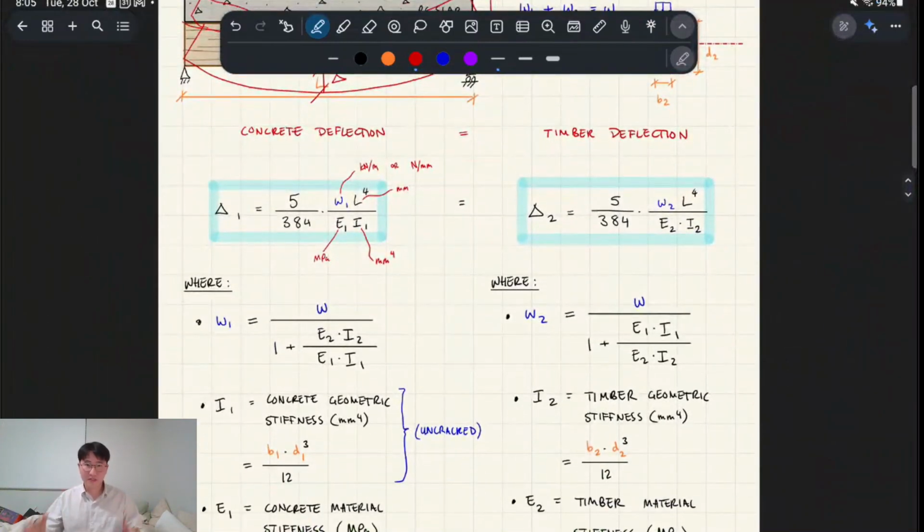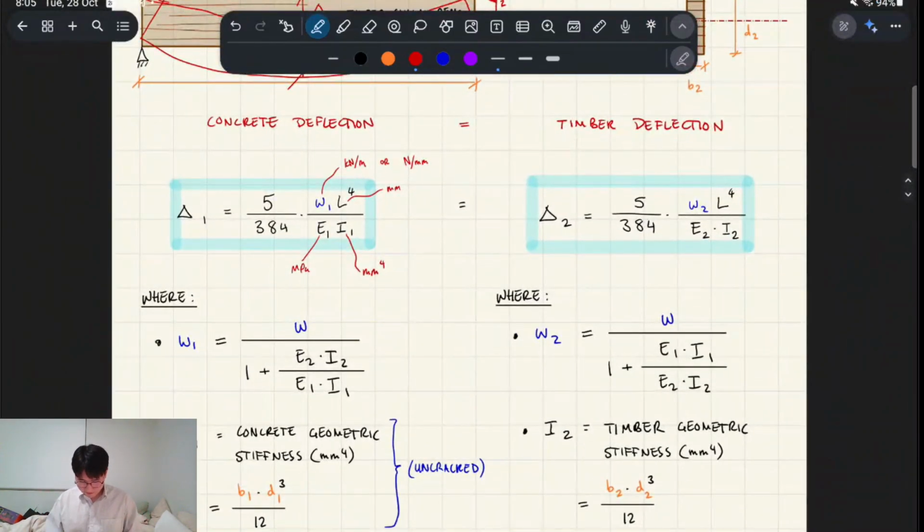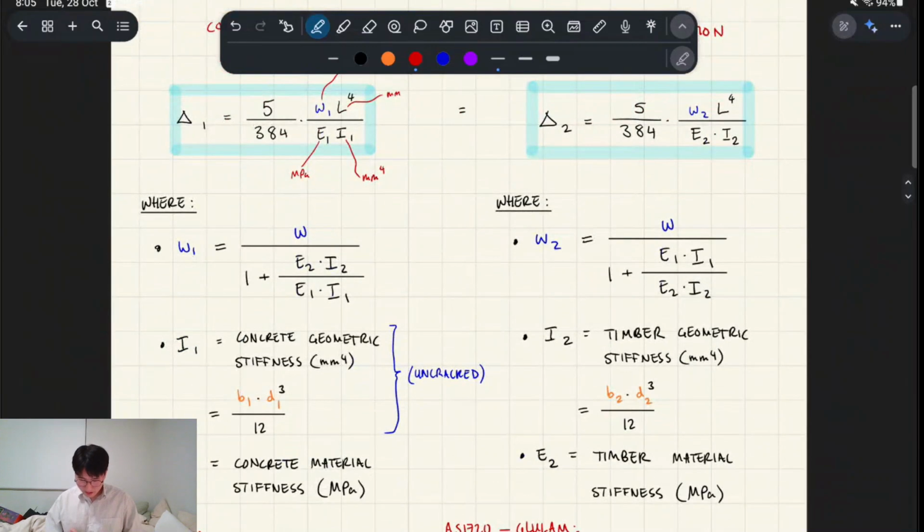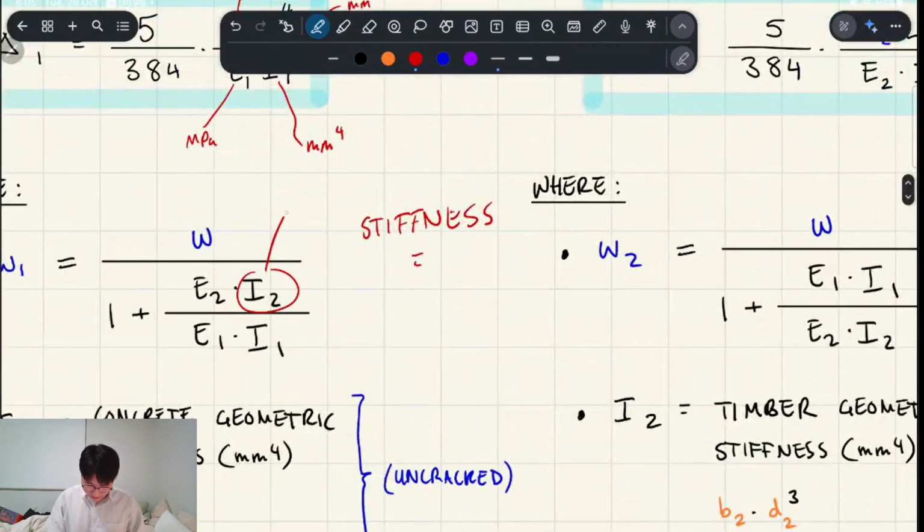So uniform distributed load, simply supported beam, these are the deflection formulas, right? Now how the weight is distributed, again, is based on the stiffness, and when I say stiffness, here I'm talking about the product of this, which is your geometric stiffness, your bending stiffness based on the shape, and this is your material stiffness, right?